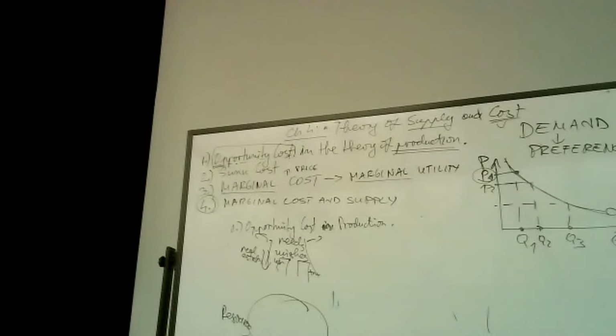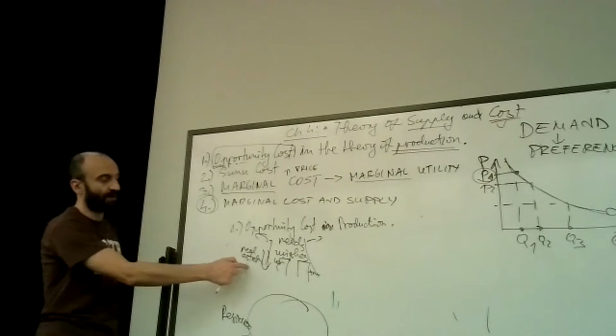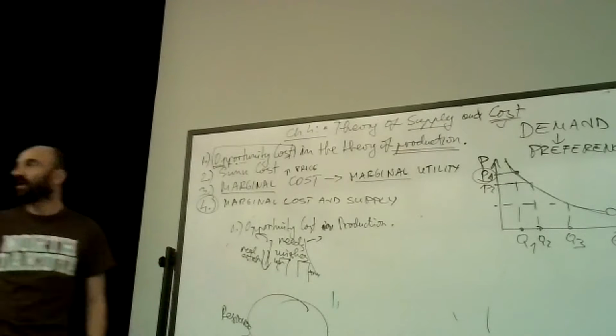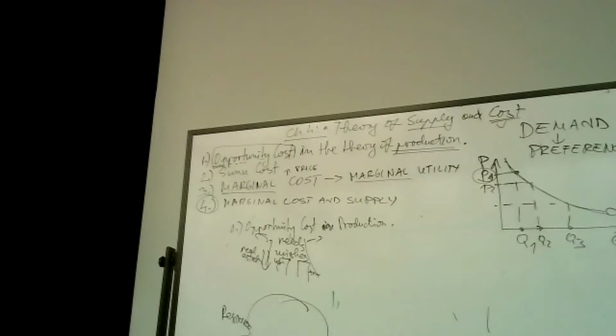So then the cost of production for any one of them is the value of steel in alternative uses. The cost that they have to pay is determined by how much other people are ready to pay for it, how strong the competition for their particular resources.